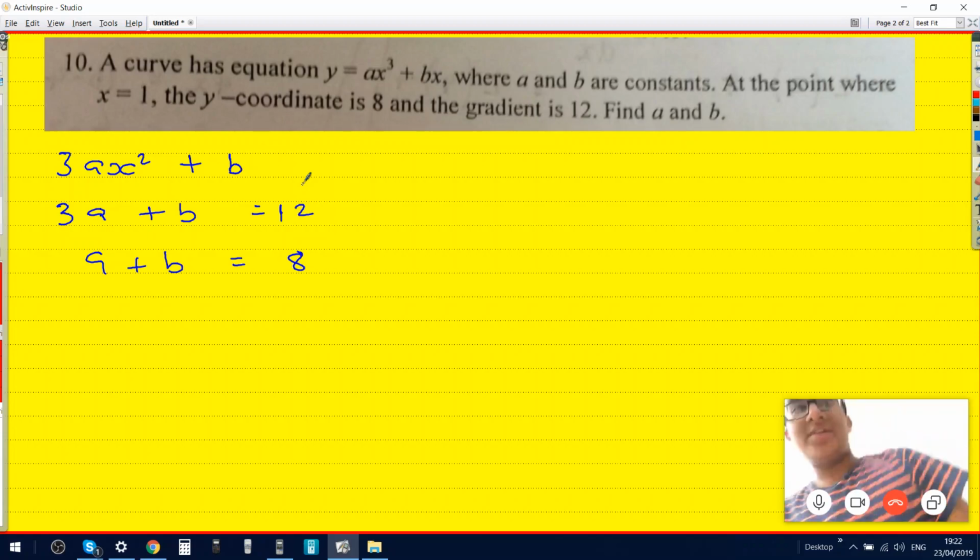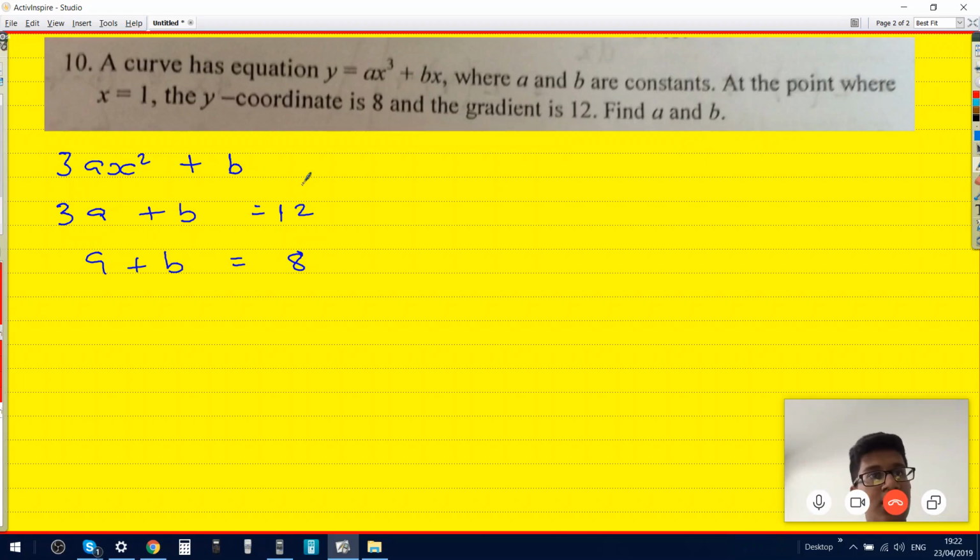I've got it here. Yeah, it's fine. I think was it simultaneous equations we were trying to do? Yeah. Okay, so we've got 3a plus b equals 12. How did we get that?